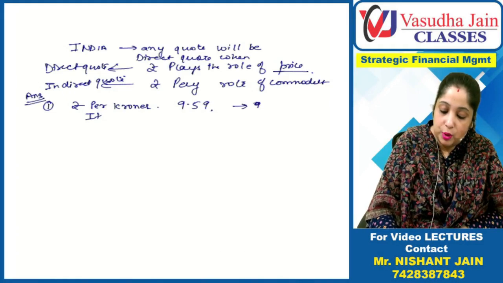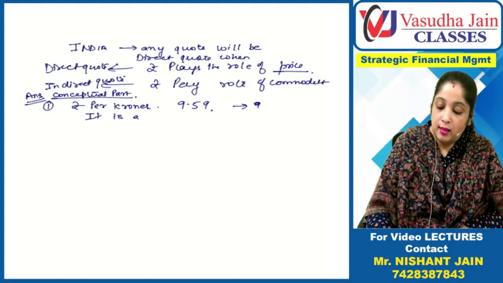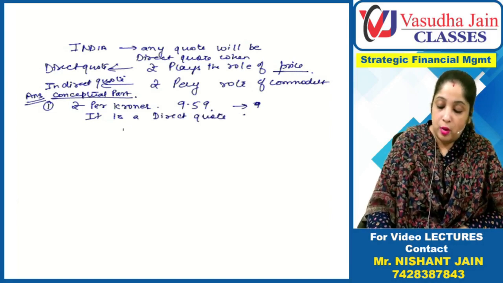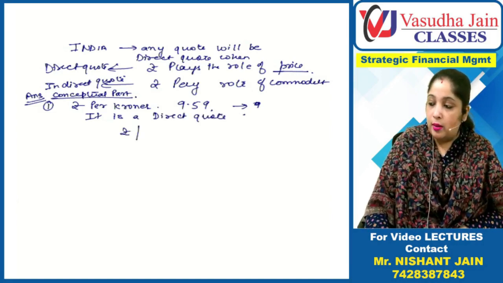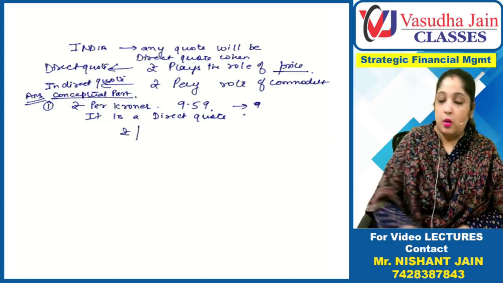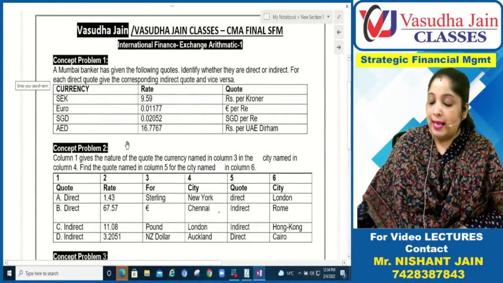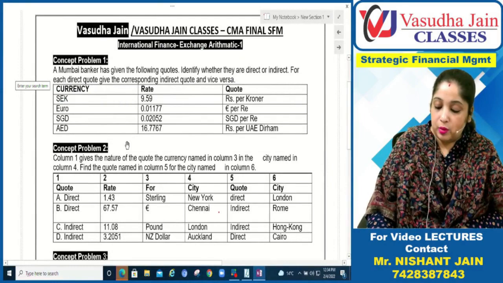Answer 1 to the conceptual part. Conceptual questions. It is a direct quote. Why is it a direct quote? Obviously it is a direct quote. Rupees per kroner. Kroner's code is given to you as SEK. You can write like this also, right?